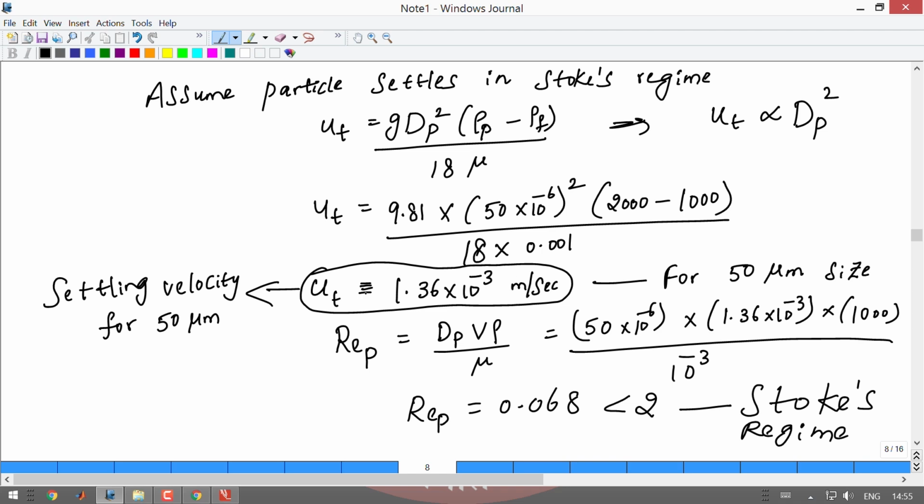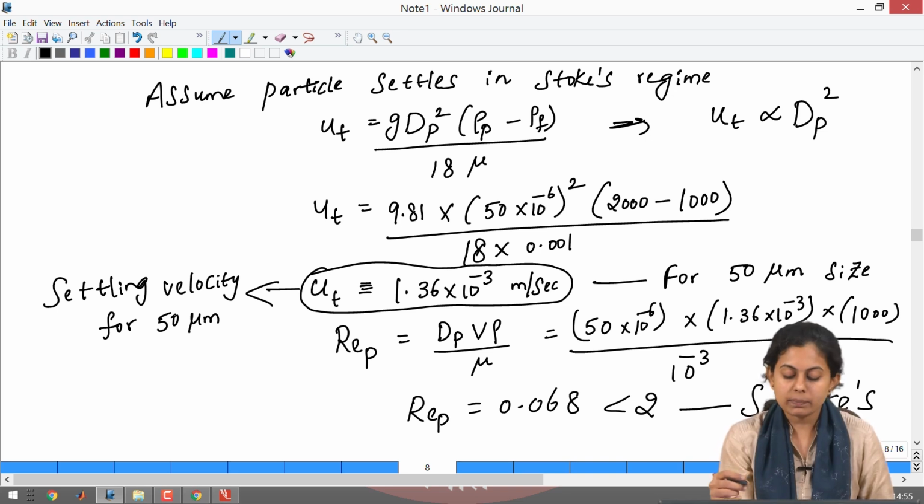So, when we pump the fluid with this velocity, all the particles of less than 50 micrometers will be carried upwards with the water, and those particles which are heavier in size, which are greater than 50 micrometer in diameter, will be settled down. Thank you.